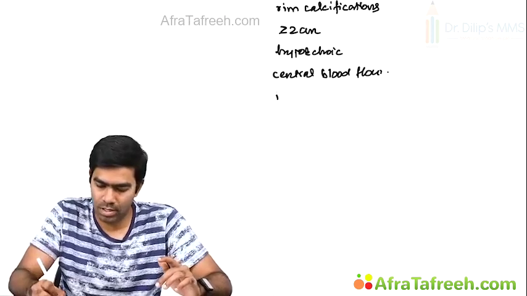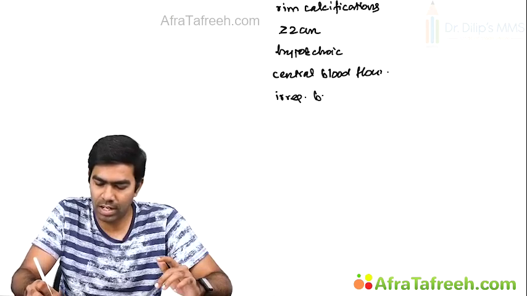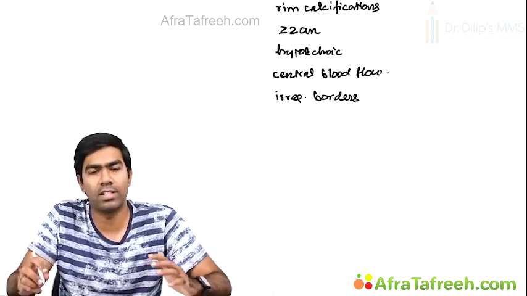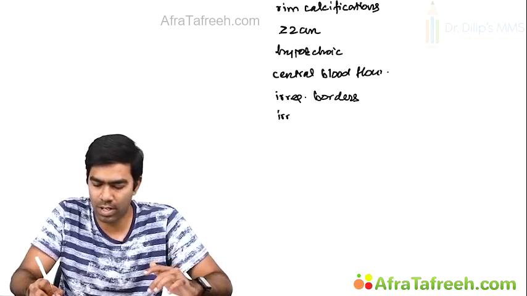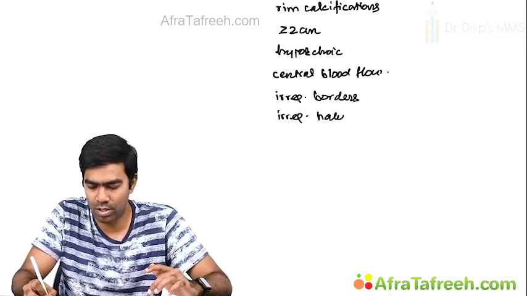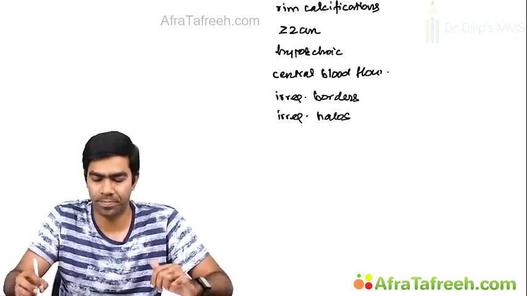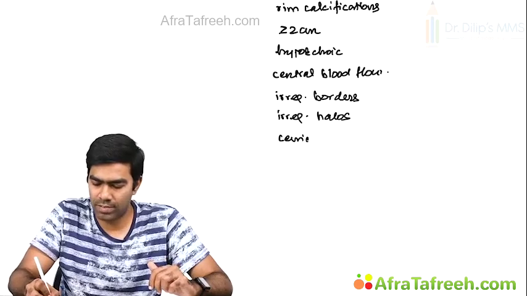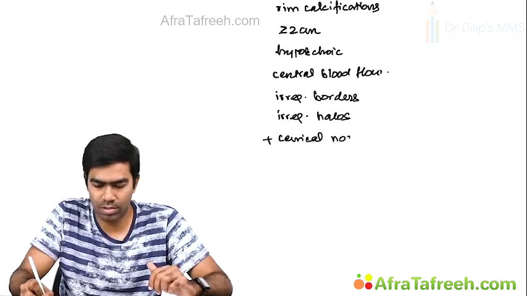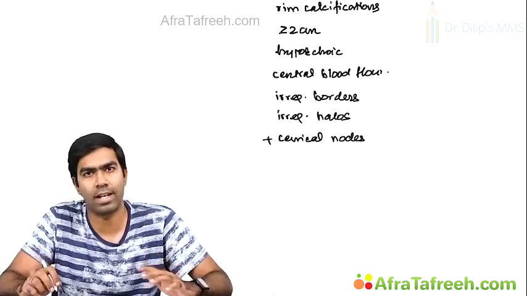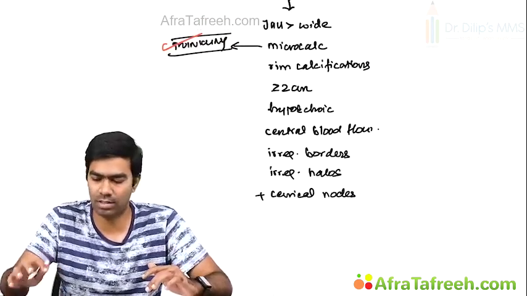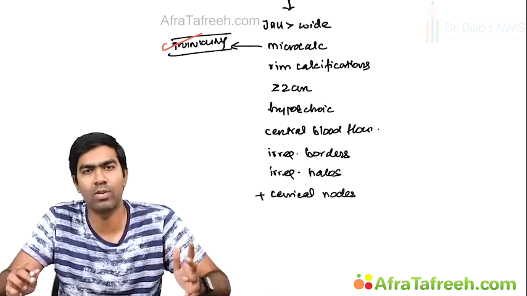Then if the lesion is showing irregular borders, or if they are having irregular halos around the lesion, again, it's a high risk of malignancy. Or if the patient is having associated cervical nodes, I told you already, and again, this is a high risk feature. So these are the things that you have to know that will tell you that the patient is having increased risk of malignancy.